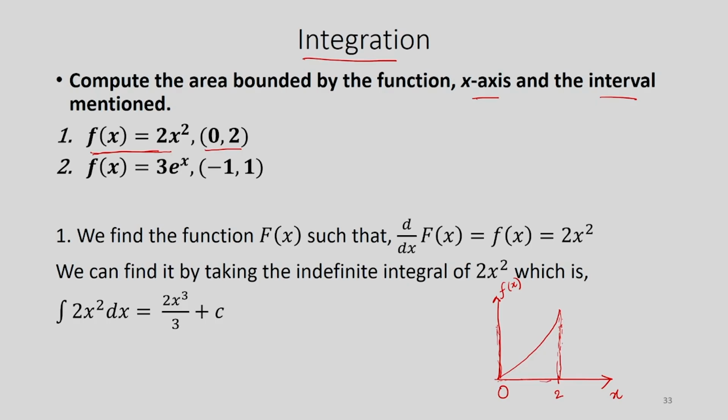So, it is not a linear function, it is a quadratic function, right, in a particular quadratic form, 2x square. So, it is rising and rising at an increasing rate, it is a convex function. Okay. So, we have to find out the area here, that is the problem.